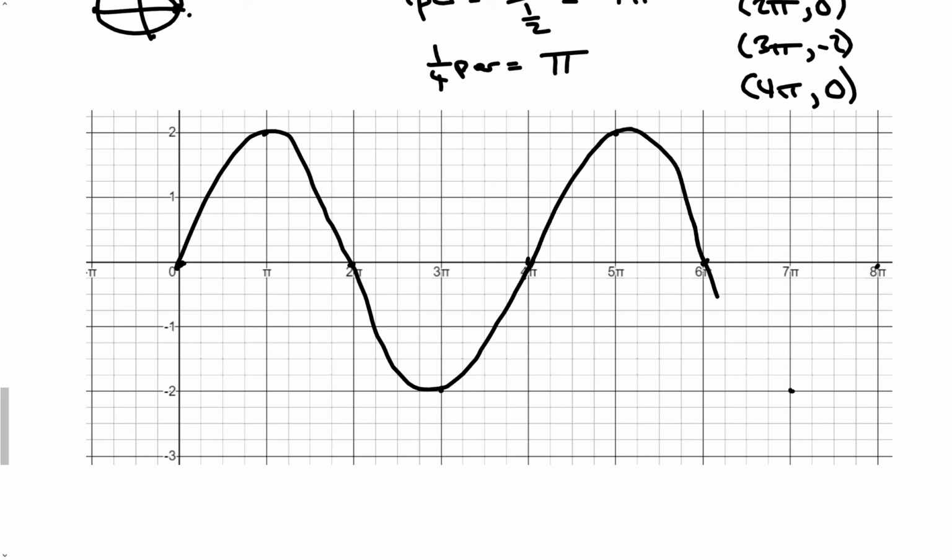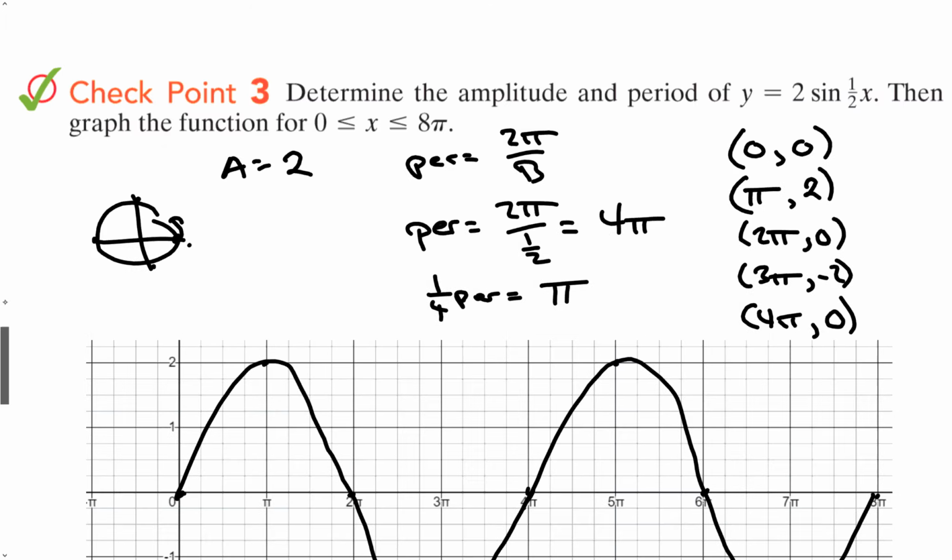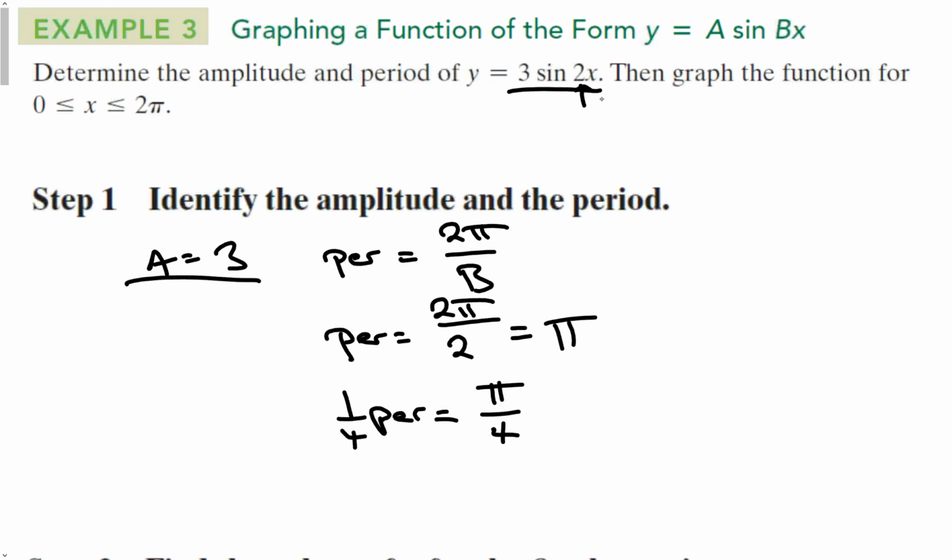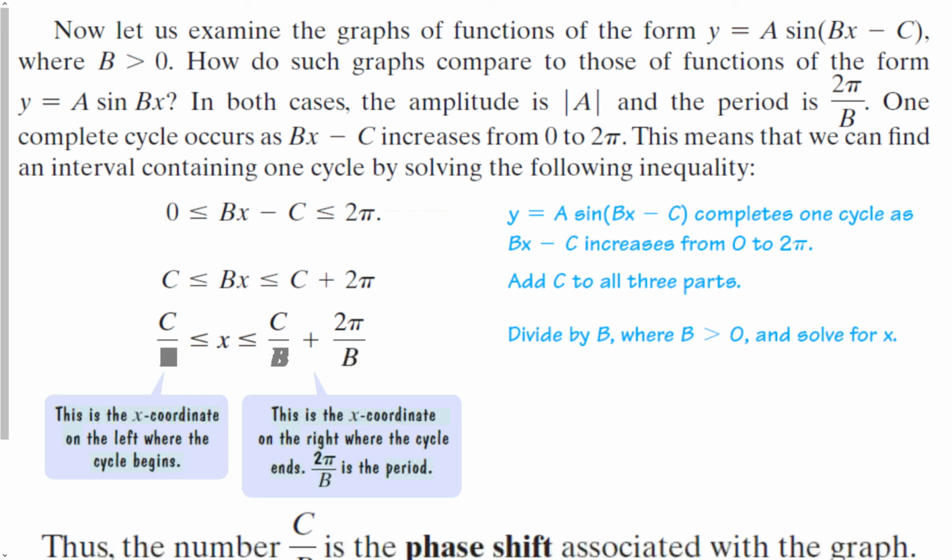So we actually graphed 2 periods of this function, 2 cycles of the function, and we can do more if we wanted to. Okay, so that was changing the period. Now we are going to have the next transformation. Okay? So let's see what happens.